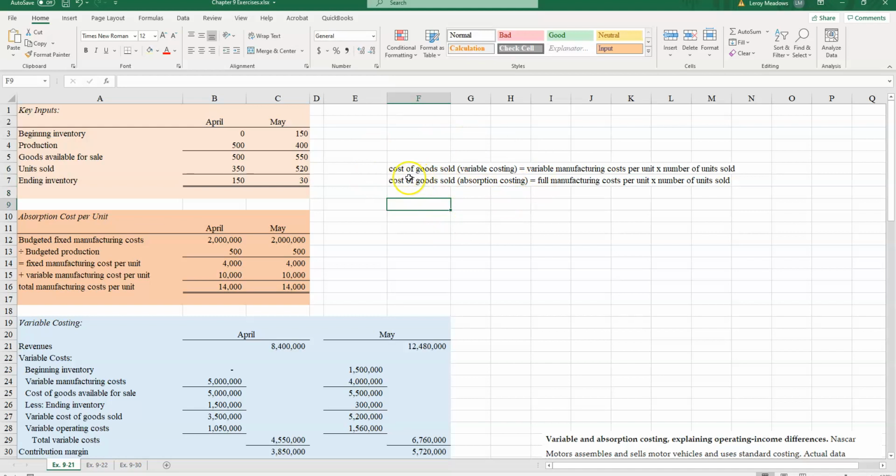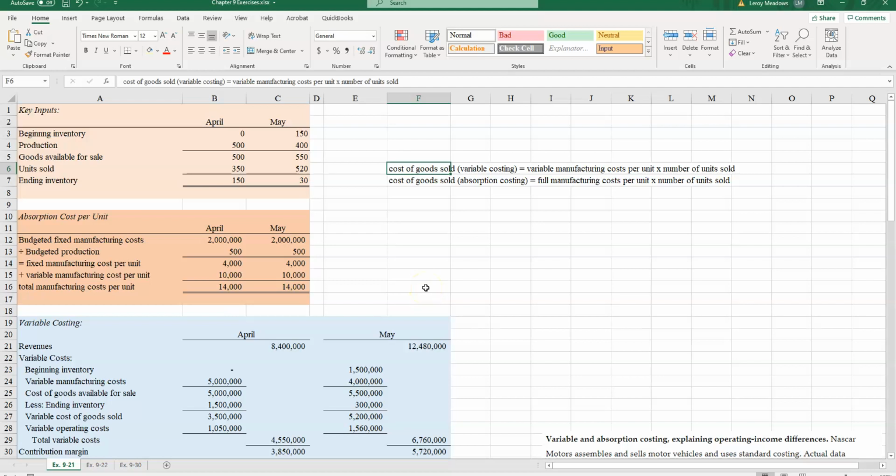So there are two main computations that we did not see in a previous chapter. It's cost of goods sold, separating it by variable costing and absorption costing. We were familiar with absorption costing because that's really what we did before, everything up into this chapter. But for cost of goods sold under variable costing, we just want to look at variable manufacturing cost per unit times the number of units sold.